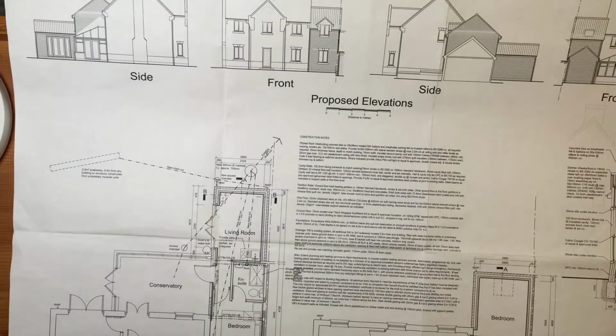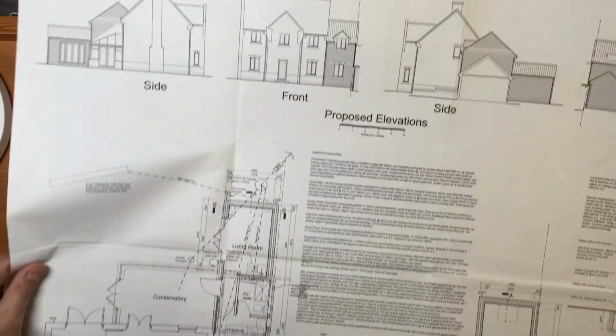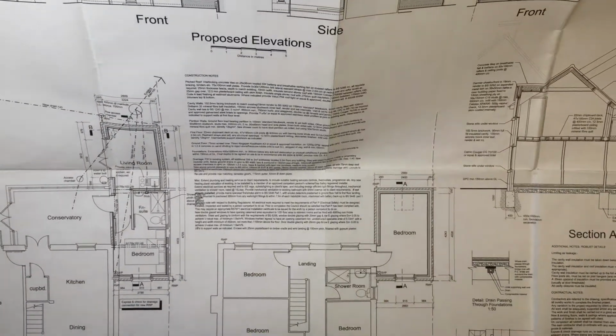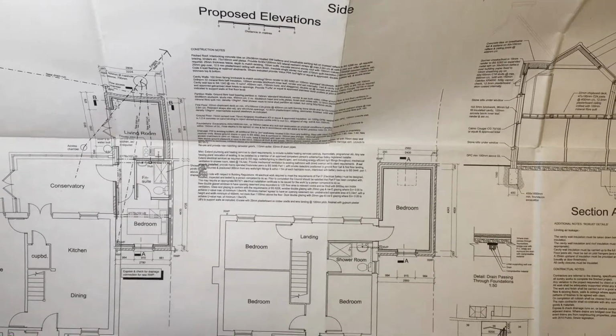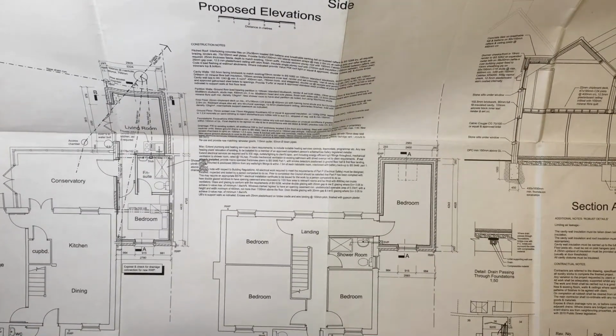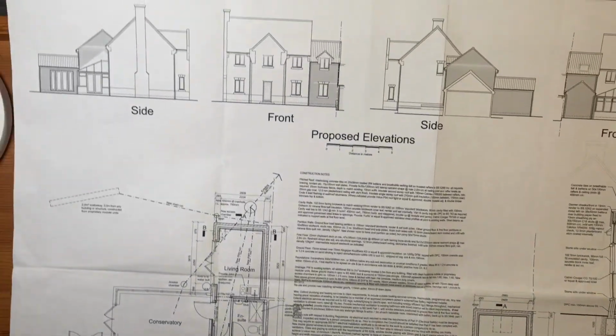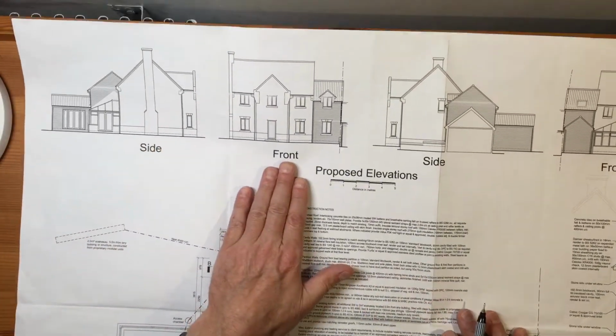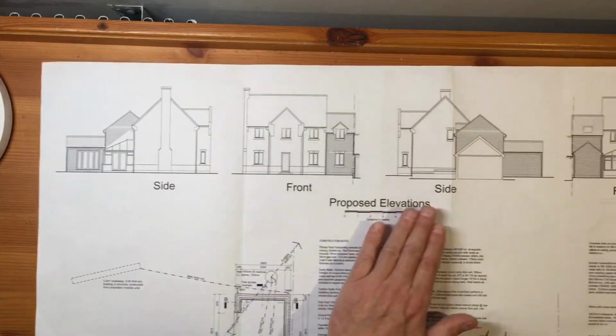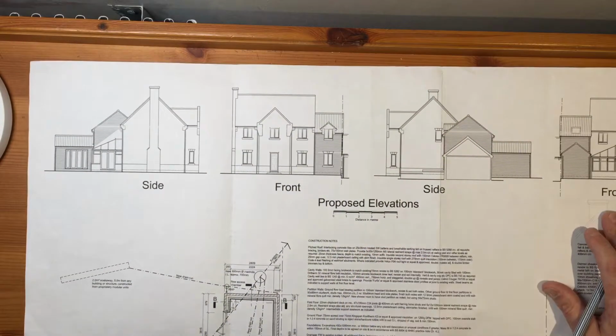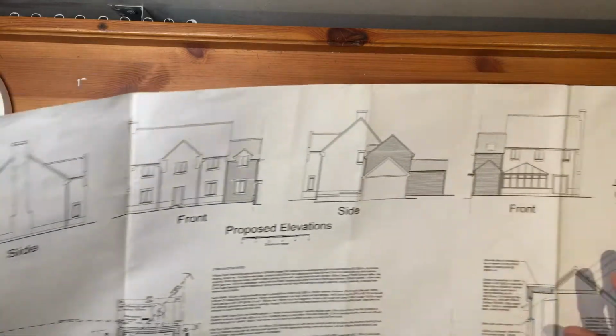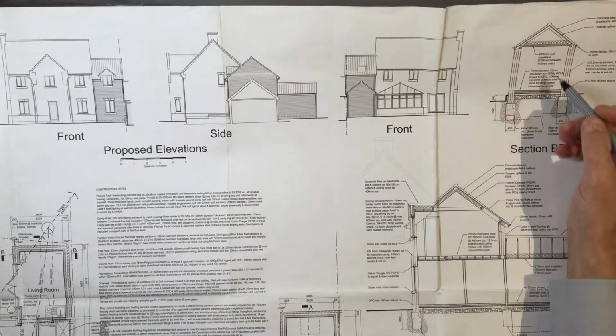Block plans. The block plan in this drawing here, you might be familiar with this drawing because it's something similar to what you live in, isn't it, Jake? Yeah. So this plan here shows the front, side, front, another side, and a front there, and it shows also a section.